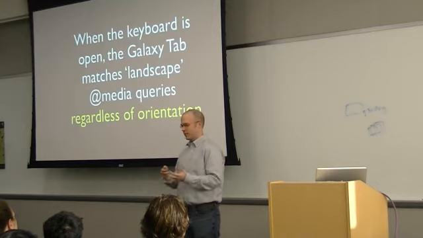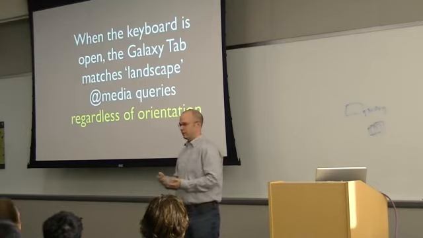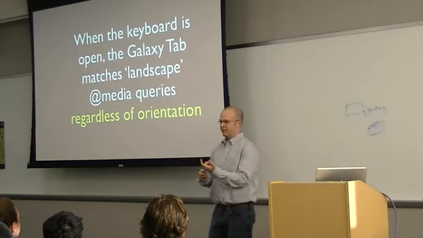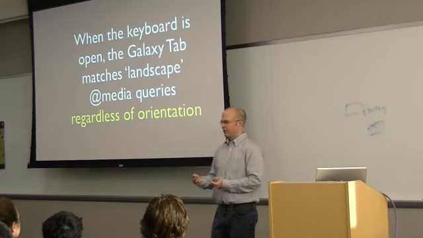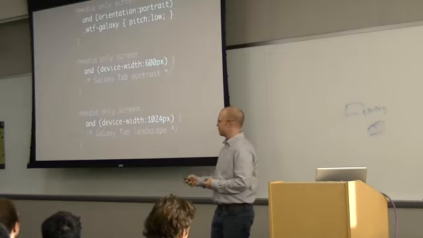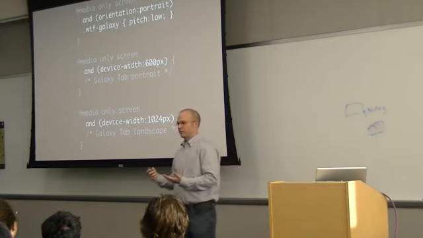So if your website doesn't ever have any text input boxes on it, that won't affect you. But nearly every website at Yahoo is going to have at least one search box on it. So that means any website at Yahoo that wants to target Galaxy tablets can never, ever rely on orientation.